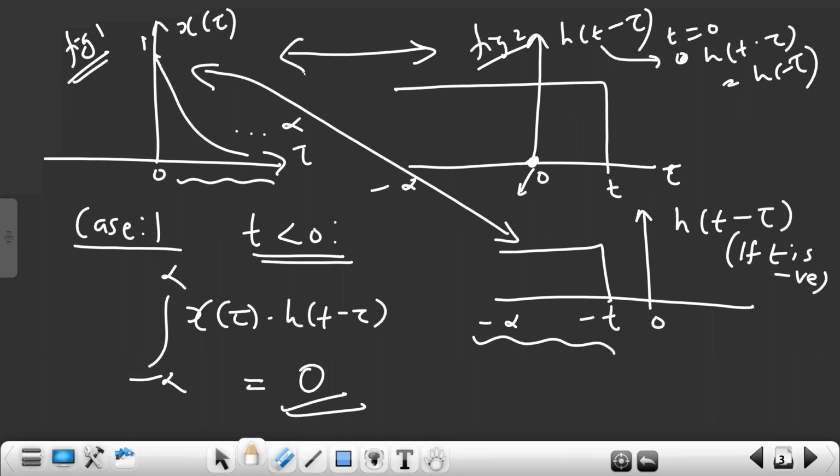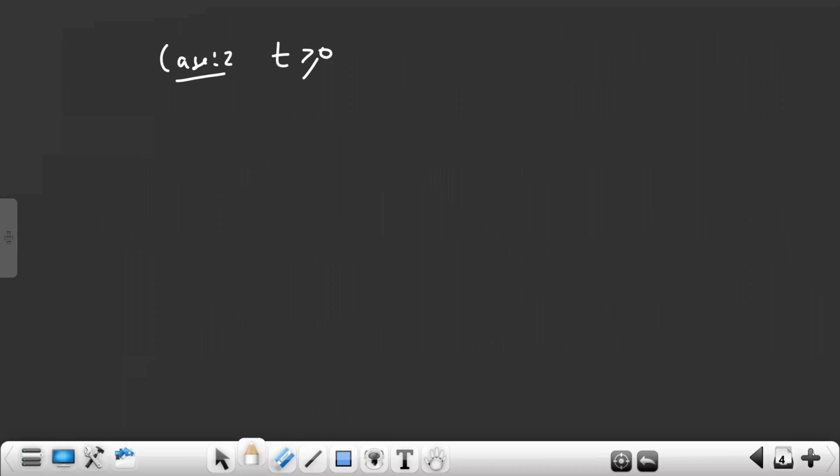What is the common duration during which both the signals coexist? One is from 0 to infinity, the other one is from 0 to t. So what is the common time? 0 to t.